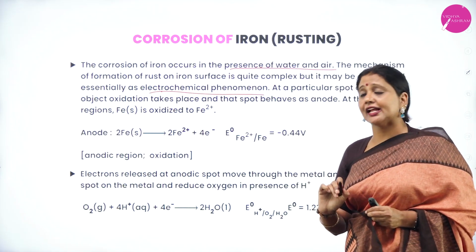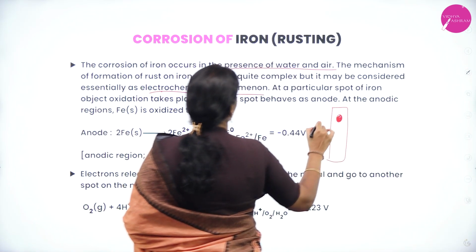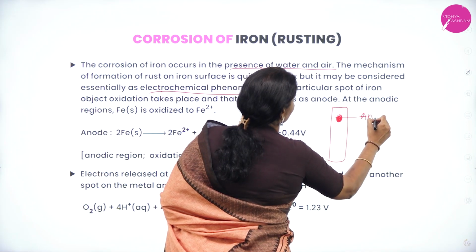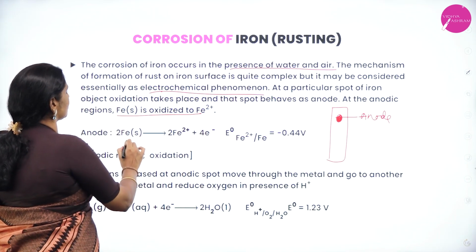It can be explained by considering an iron article. One spot behaves as anode, where Fe gets oxidized to Fe2+.